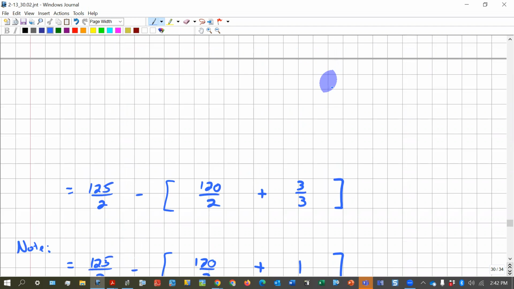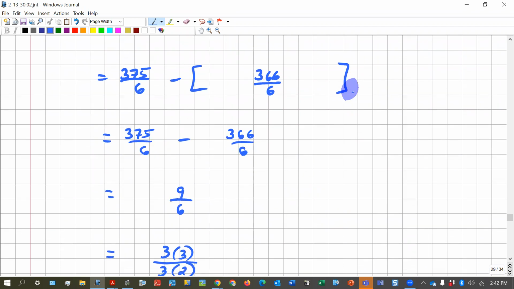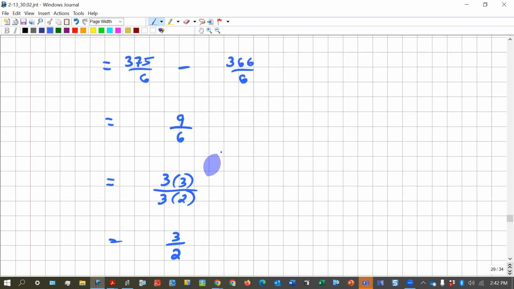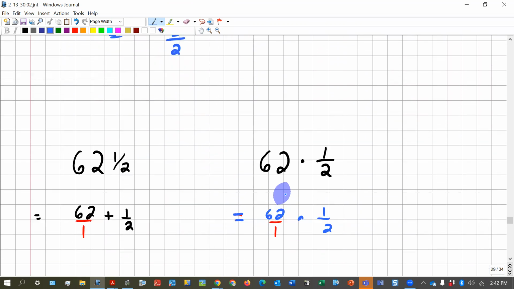So before, when we got a common denominator of 6, we ended up with 9/6, but then there was a common factor.